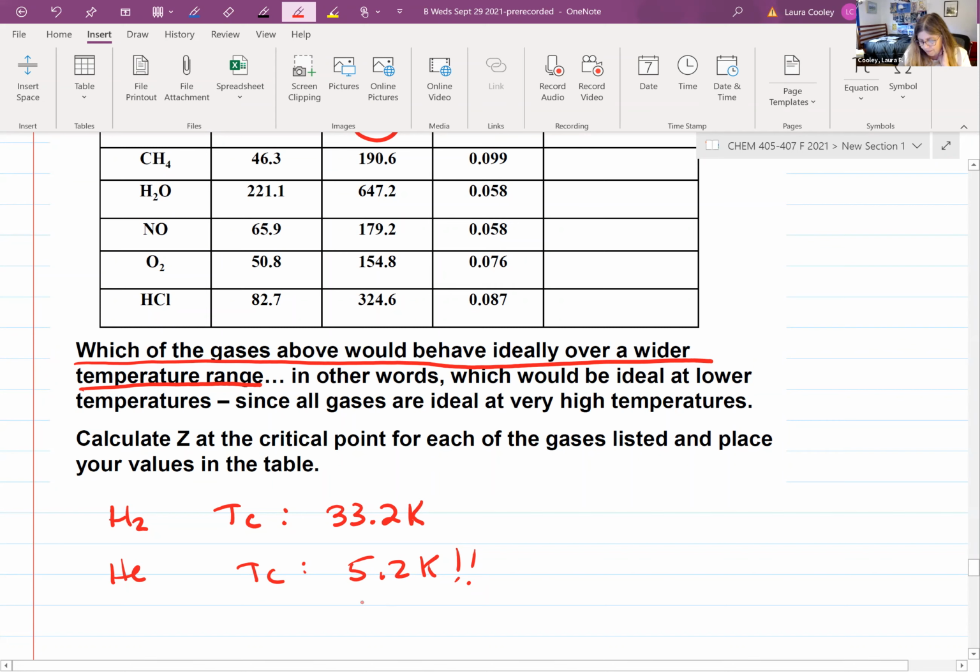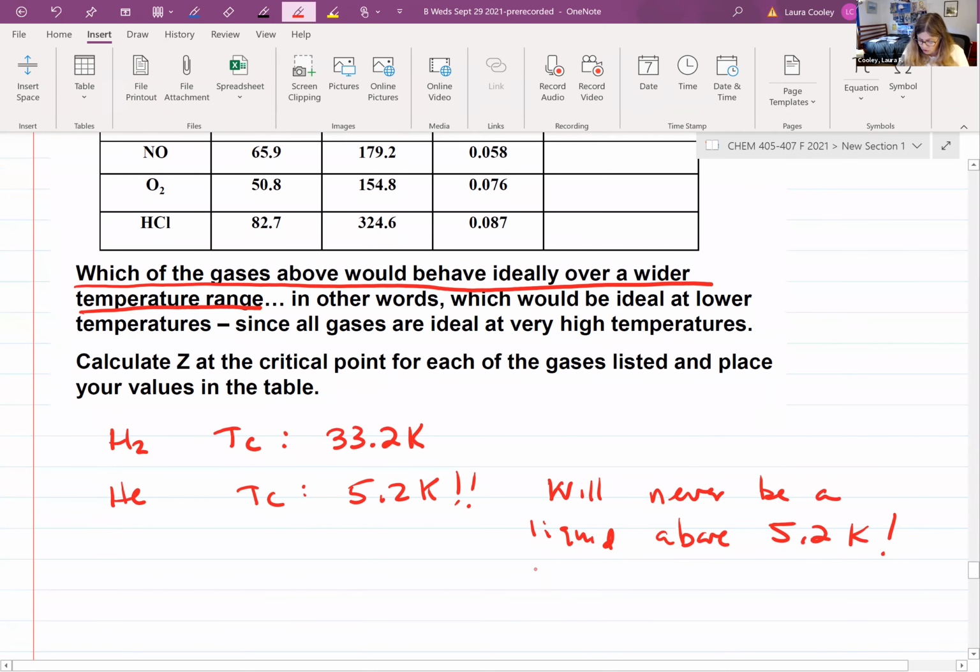At temperatures above 5.2 Kelvin, you can't liquefy it, regardless of the pressure. This will never be a liquid above 5.2 Kelvin. So it has a huge range where it can be ideal.